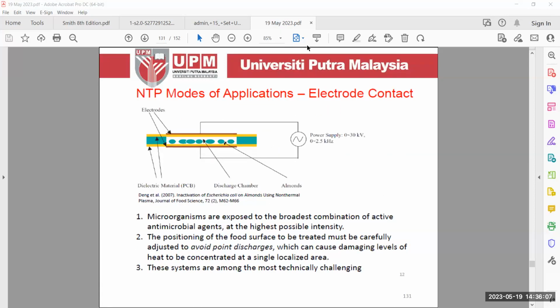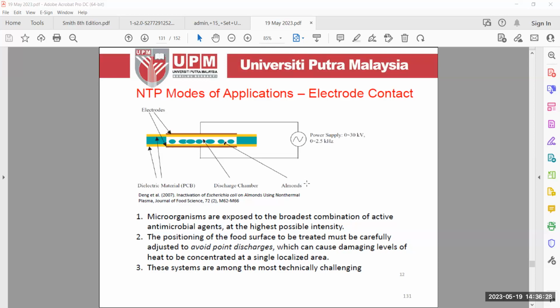Microorganisms are exposed to the broadest combination of active antimicrobial agents at the highest possible intensity. And positioning of the food surface to be treated must be carefully adjusted to avoid point discharges, which can cause damaging levels of heat to be concentrated at a single localized area.